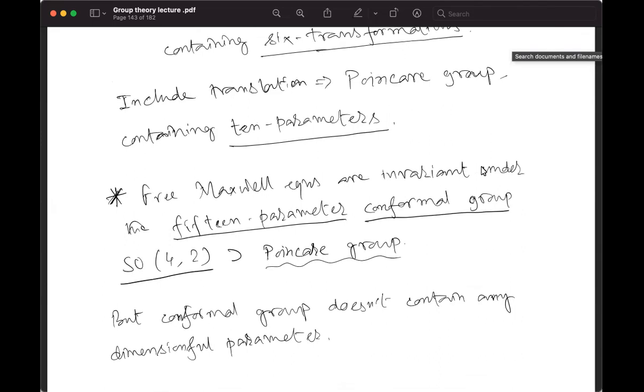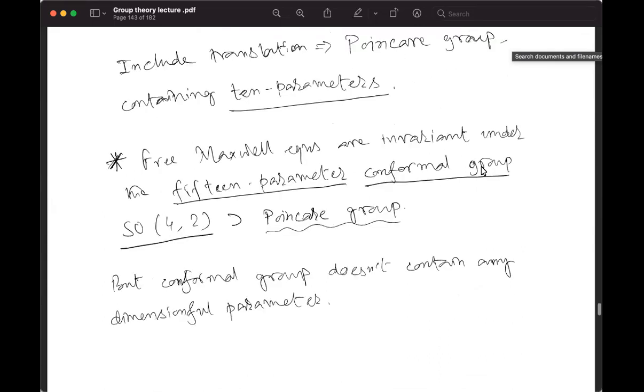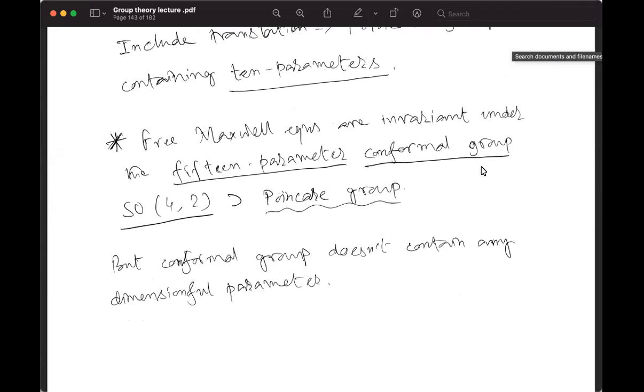But the conformal group doesn't contain any dimensionful parameters. We talk about massive fields mostly, where the particles have masses, so the massless theory will not be too relevant for us. So we restrict ourselves to the Poincare group to start.